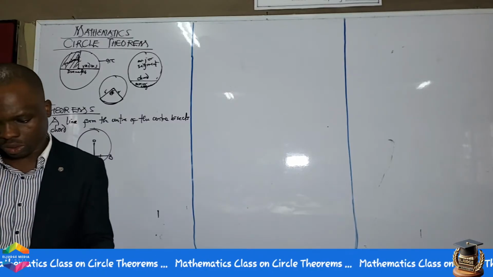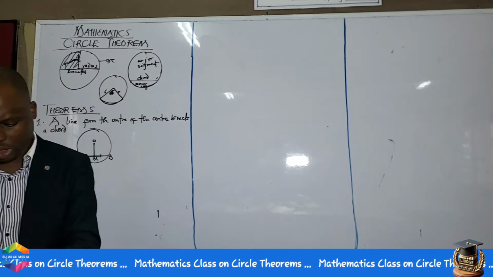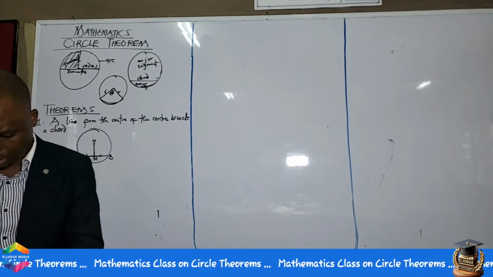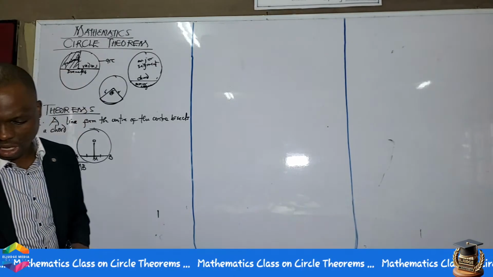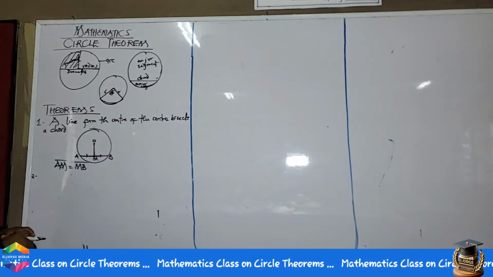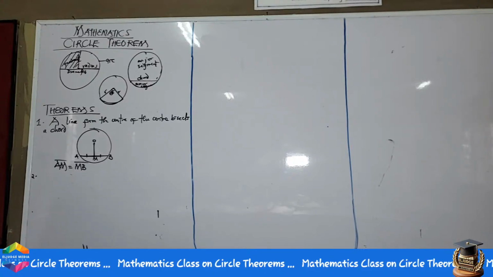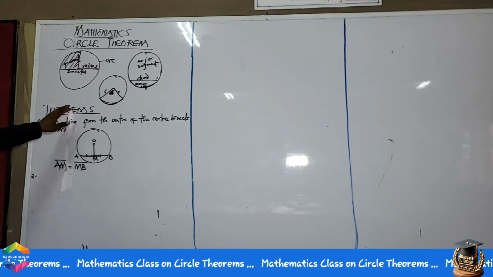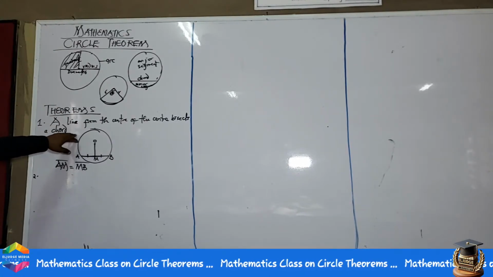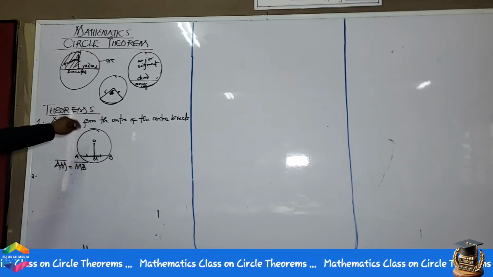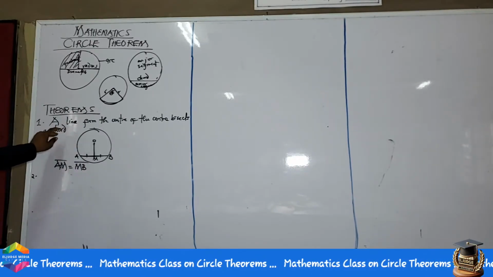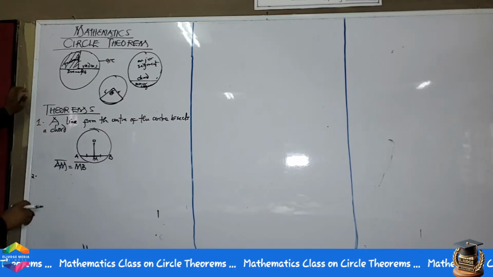Equal chords of a circle are equidistant from the center. That's the one I've explained. And also we can say that the line joining the center to the midpoint of the chord is perpendicular to the chord. So we can say this is the corollary.